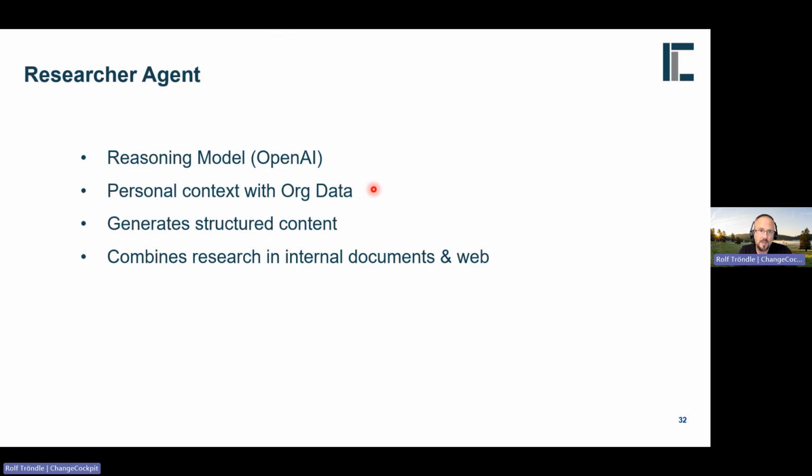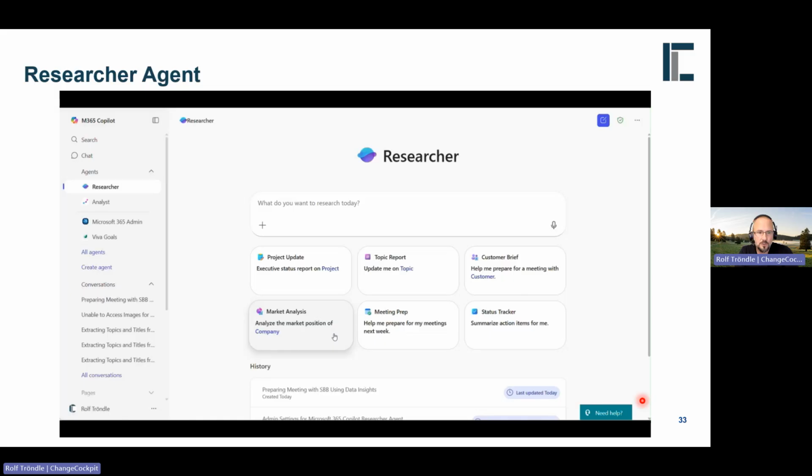It's personal context with your work data. It generates structured content and combines research in internal documents, but also, if enabled, web search results. Let's have a look at the researcher agent.